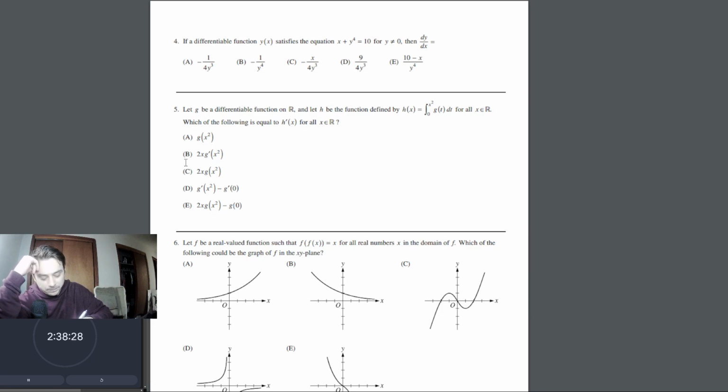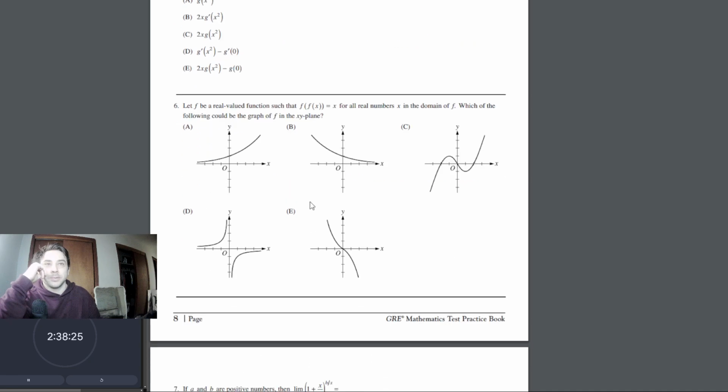What would be? Function of a function equals X, for all real numbers X. Function of a function. The function answer of x is equal to the functional answer. 1 over x.